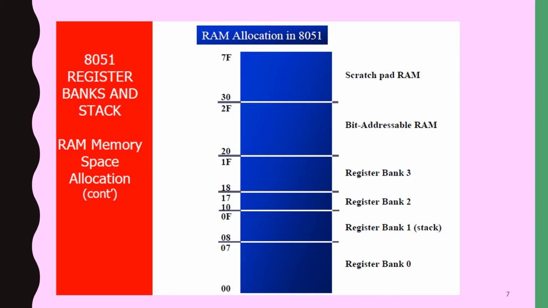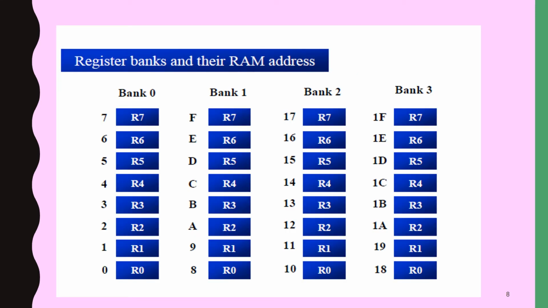This is the pictorial view: register bank 0 is 00 to 07, then 08 to 0F is bank 1, 10 to 17 is bank 2, and 18 to 1F is bank 3. Then 20 to 2F is bit addressable RAM, and 30 to 7F is scratchpad. Within each bank, the registers R0 to R7 are the RAM addresses, referred to with the register names R0, R1, R2, R3 and so on.